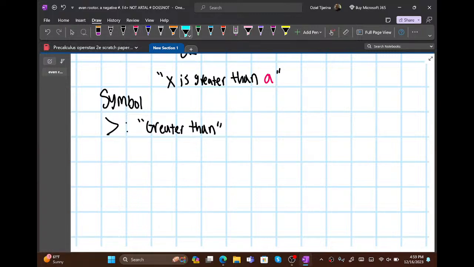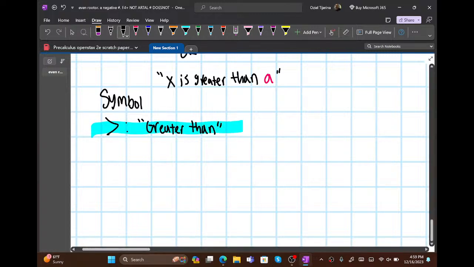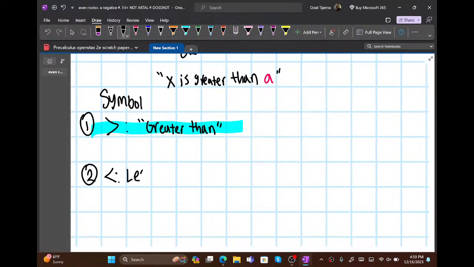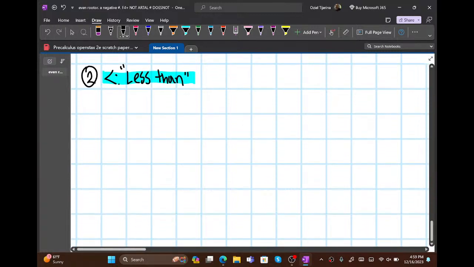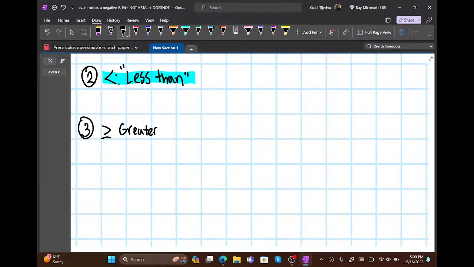Number two means less than. And number three means greater than or equal to.